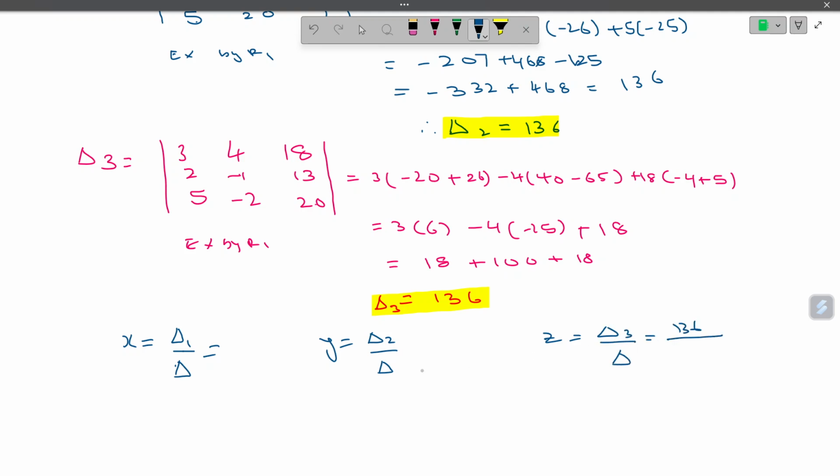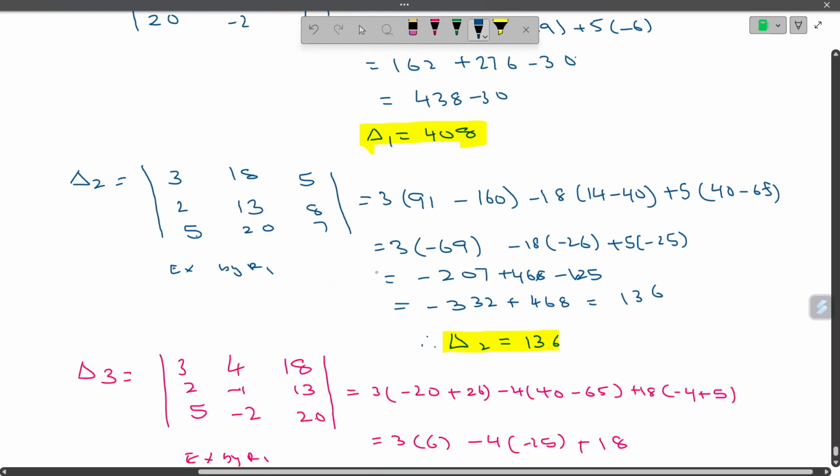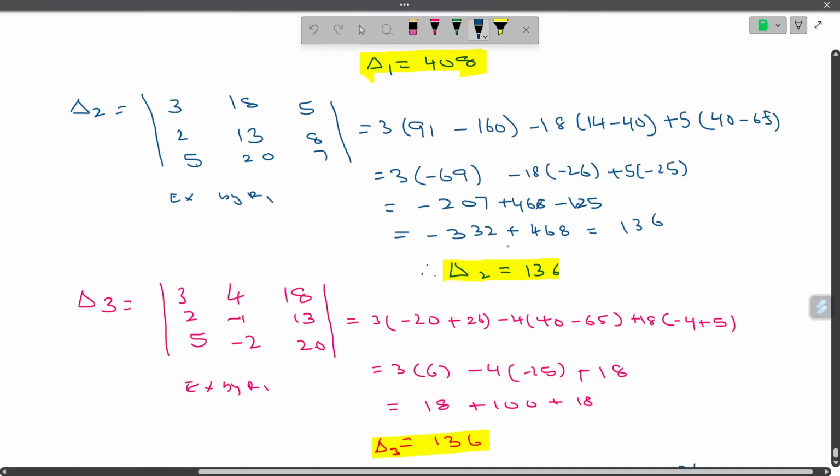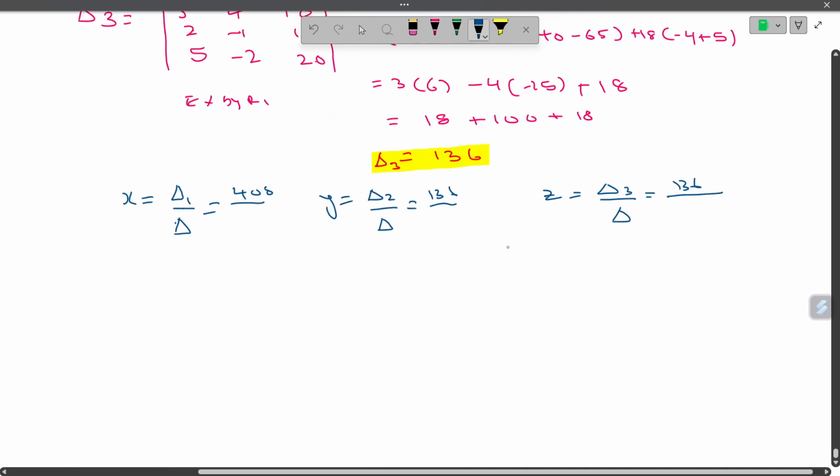This is 136, this is also 136. And del 1 we got as 408. What is our del? Del also 136. See here, del is 136. So divide by 136.